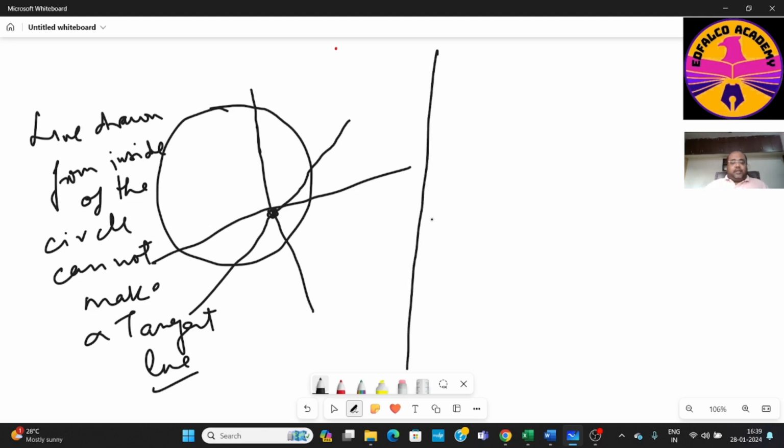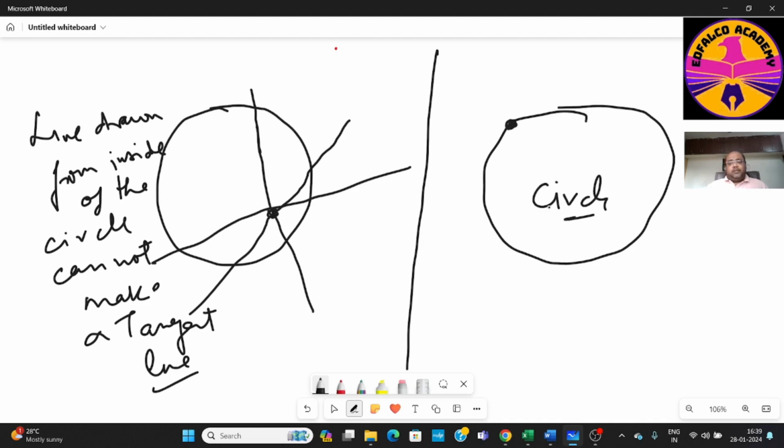Another situation is if there is a point which is on the circle. This is the circle, and this is on the circle. Pardon my drawing, it's not very good, but you can imagine that it's a circle, and there is a point which is lying on the circle. Can the tangent be passed through it? Yes.